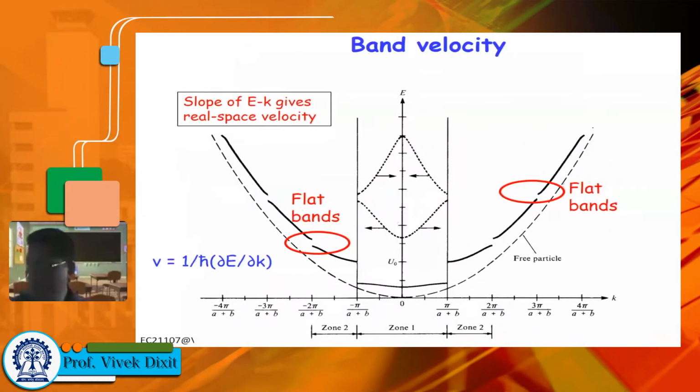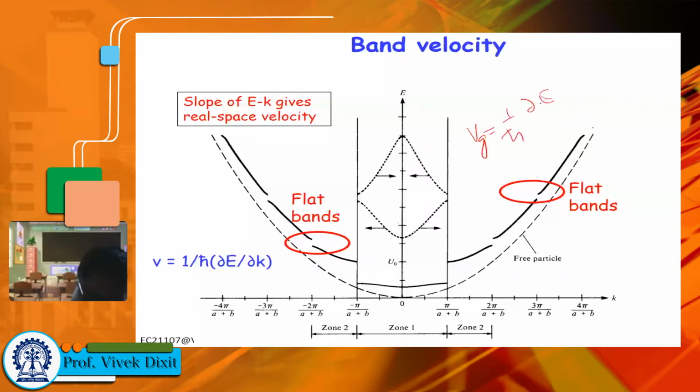So we are continuing our discussion from the previous class. Now band velocity is basically obtained from the slope of the E-k diagram, right? And we have already realized that group velocity is 1 over h bar d by dk, right?